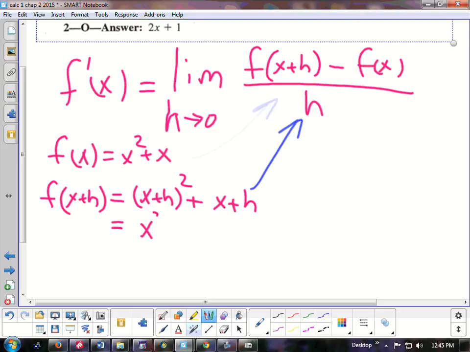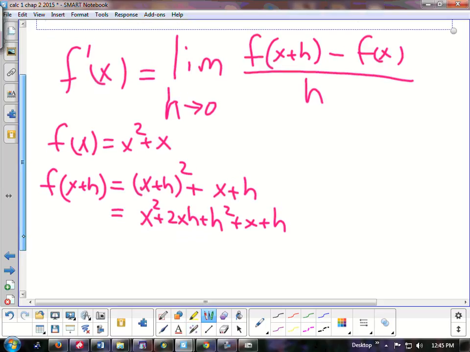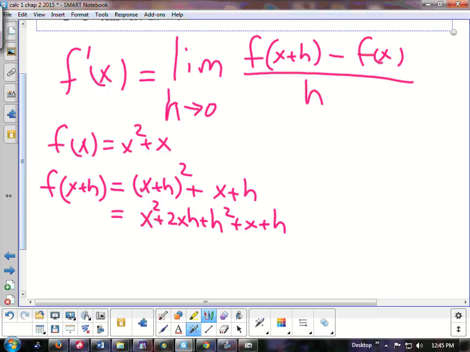So you square the ends, and then h times x plus h times x is 2xh, plus h squared plus x plus h. Okay, and you can combine nothing here. So that's going to be the f of x plus h. So now we're going to put it into this formula. I'm going to put this all over h and take the limit and let h go to 0.